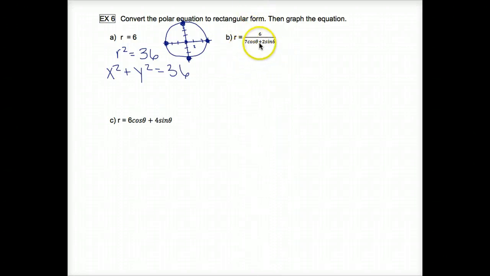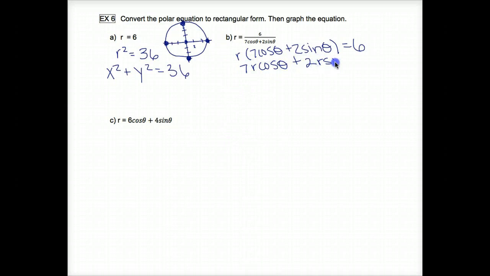So that means that I'm going to get r times that entire thing on the bottom, which you might think is a bad idea until you distribute, because when you distribute, then you can see what I have here are cosine theta, are sine theta. So that means this is x, this is y. So 7x plus 2y equals 6.